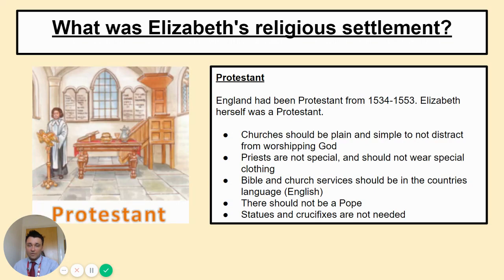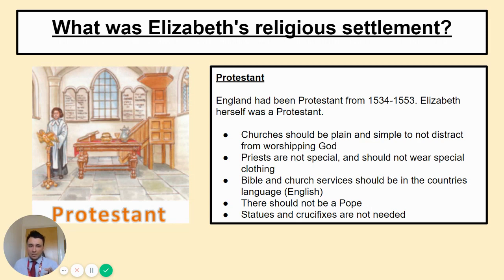Whereas, if we look at the Protestants, now England had been Protestant from 1534 to 1553. And Elizabeth herself was a Protestant. That's how she'd been brought up. And the Protestants said, no, you're worshipping Christianity the wrong way, Catholics. Your churches should be plain and simple, so you're not distracted from worshipping God.